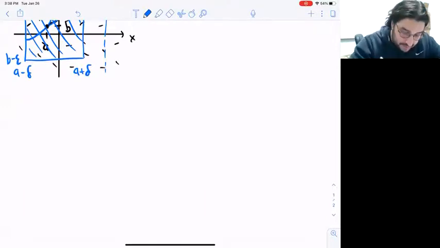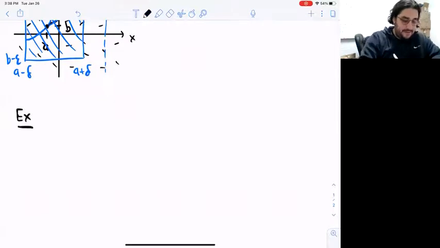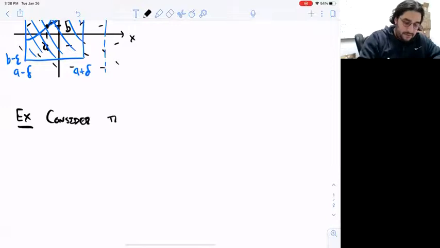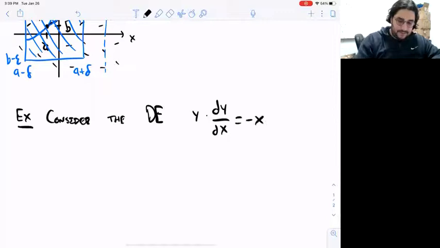So let's consider the differential equation y times dy/dx equals minus x with initial condition y of minus 2 equals 0, right?